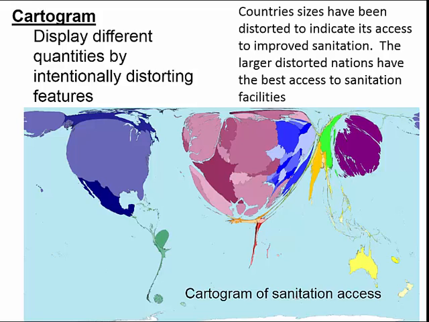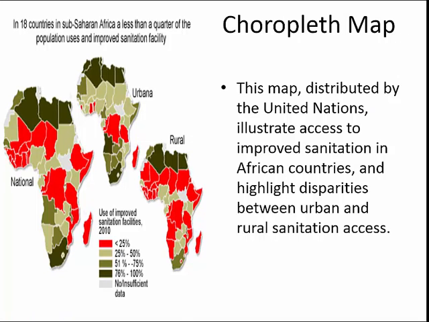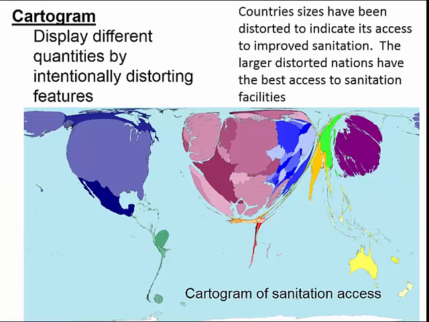Now, if you look here, it's developed countries that are widely distorted as compared to your less developed countries. So if you look at Africa here with the sanitation, and then compare it to the cartogram, you barely even see Africa here. Same with South America. They just don't have access to proper sanitation.